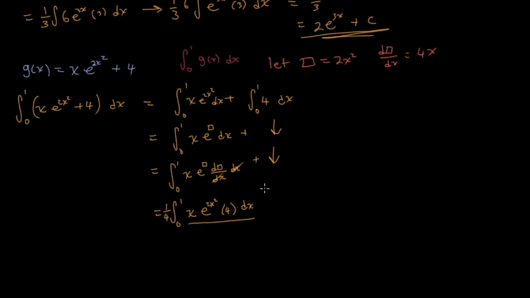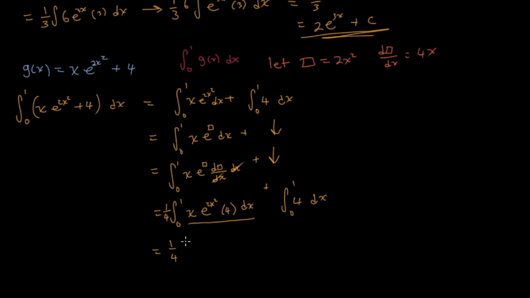So we're going to bring the 4 down here. And so we get 1 over 4 times e to the, because this is 4x right here.